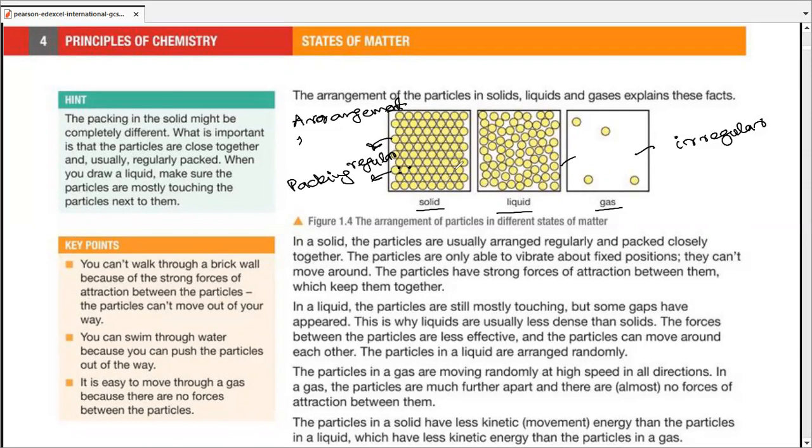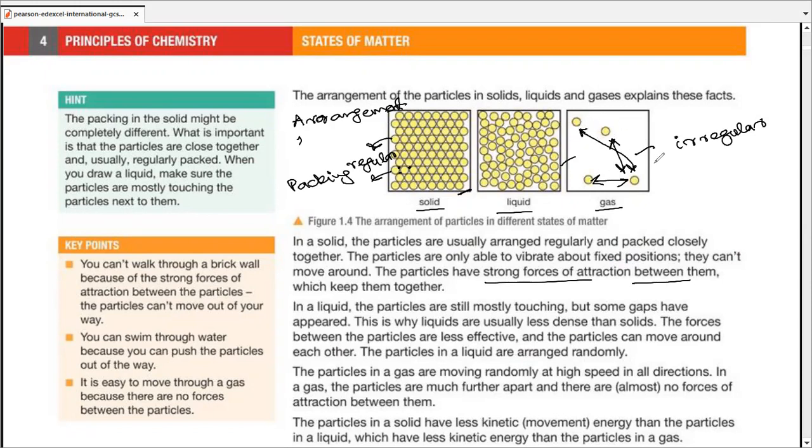Now, if we talk about the particles of solid, remember, the closer the particles are, the stronger the forces of attraction between them. So the stronger forces of attraction would be the case of solid. In the case of liquid, there would be less strong forces because they are a little bit away from one another. As gas particles are too far away from one another, the forces of attraction among them would be very less.